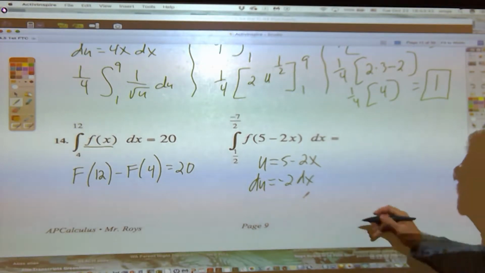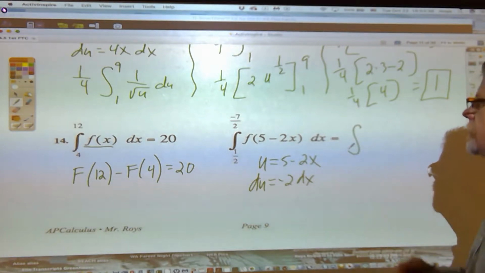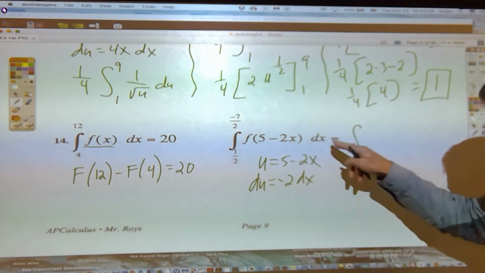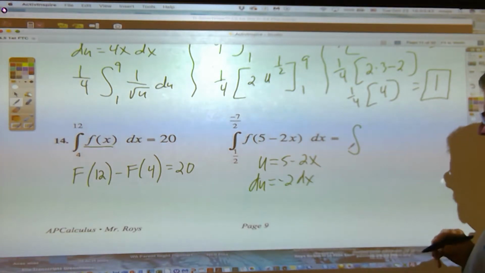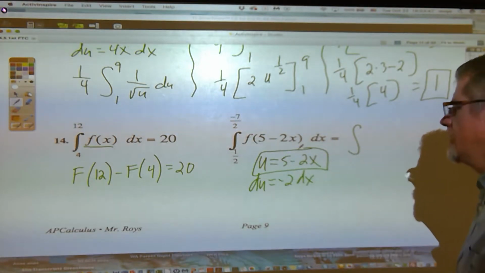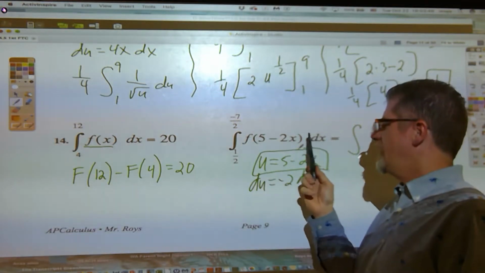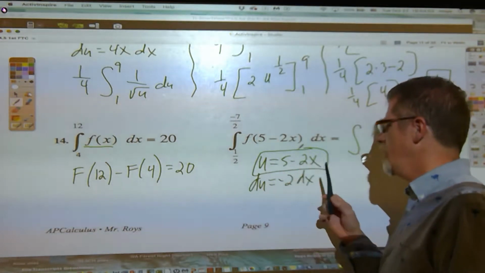So I can convert this limit of integration from an x-based integral to a u-based integral. And using this as my translation guide, I'm going to put an x value of 1/2 in for x. I get 5 minus 1 is 4.